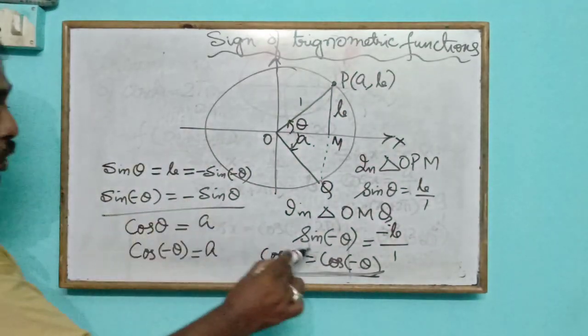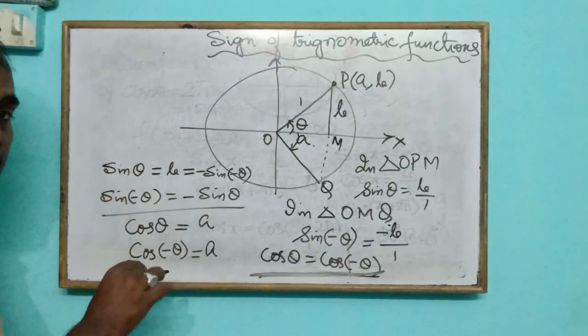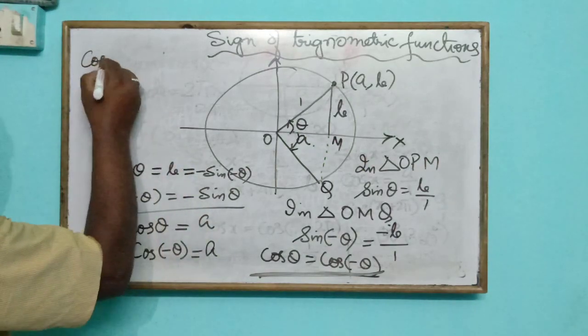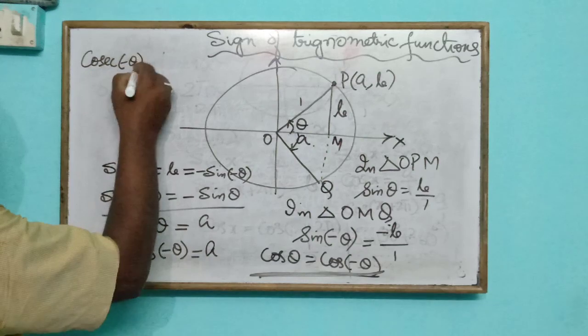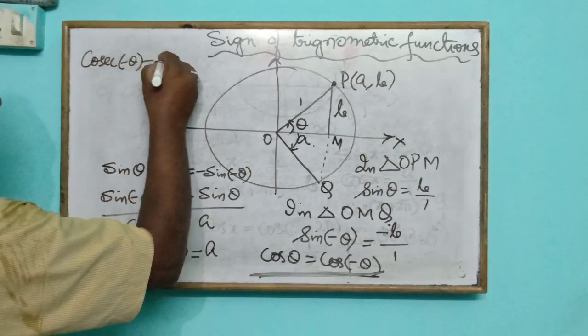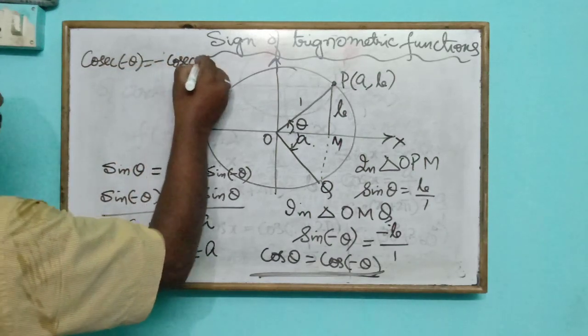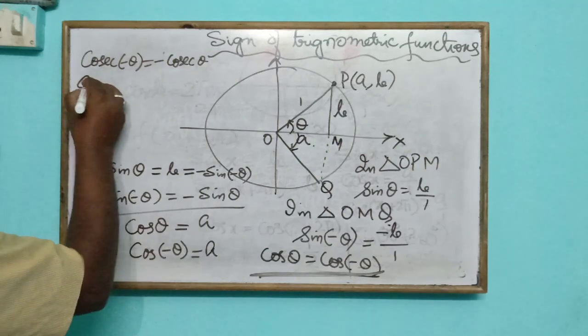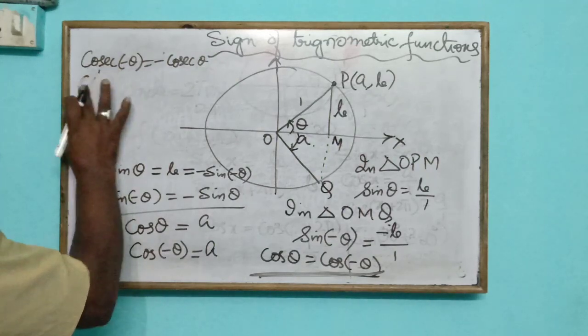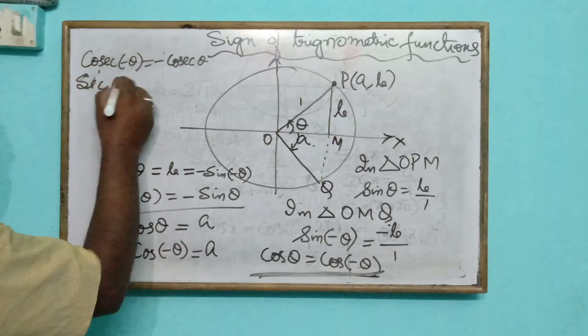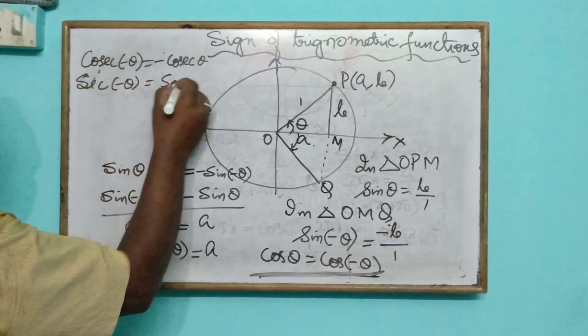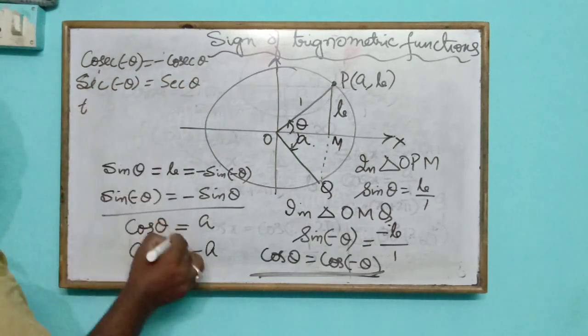Now if we know sine and cos, we can find their reciprocals. Cosec of minus theta will be minus cosec theta, and sec of minus theta will be sec theta. For tan, the rule is the same as for sine.